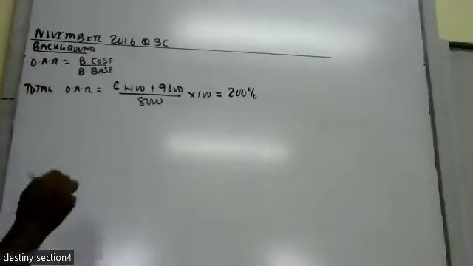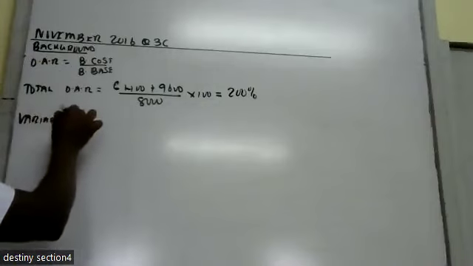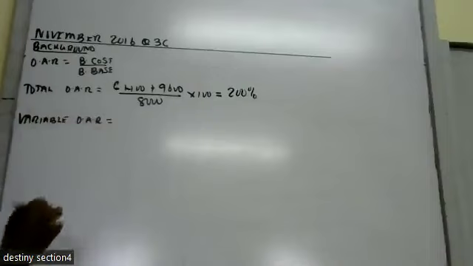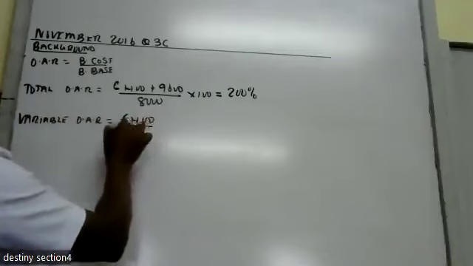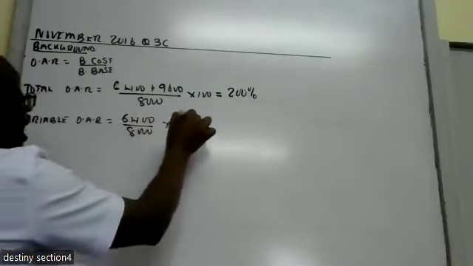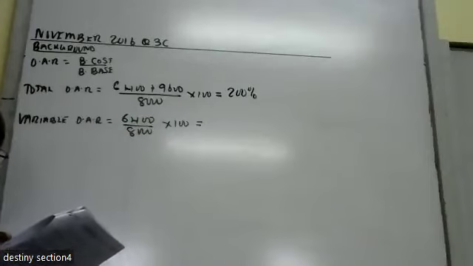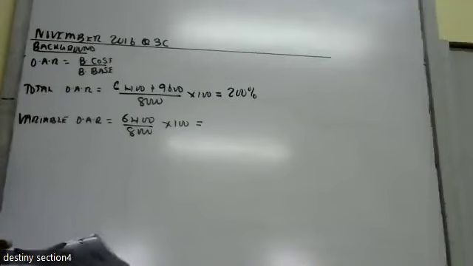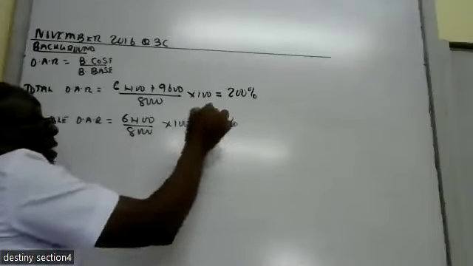Yes, eh? Okay. Then for the variable OAR, you take the variable overheads, which are 6,400. You divide by 8,000 times 100. Is 80%.